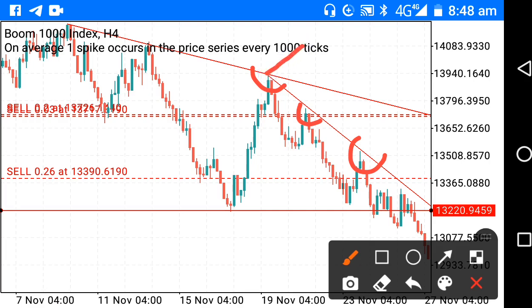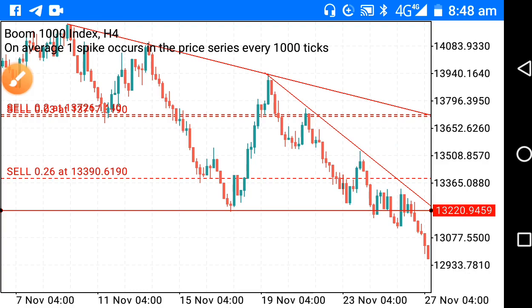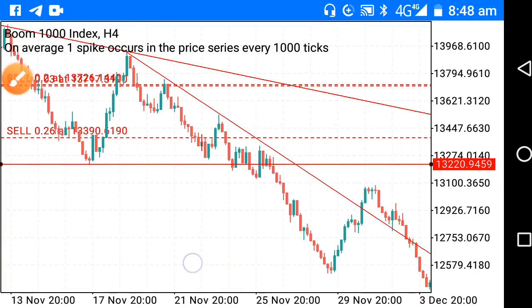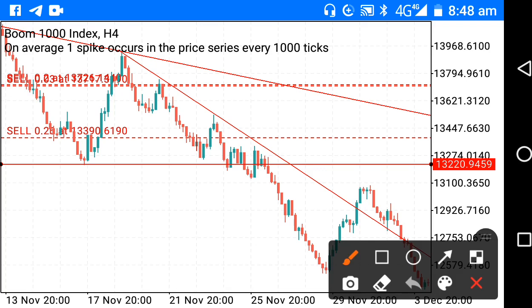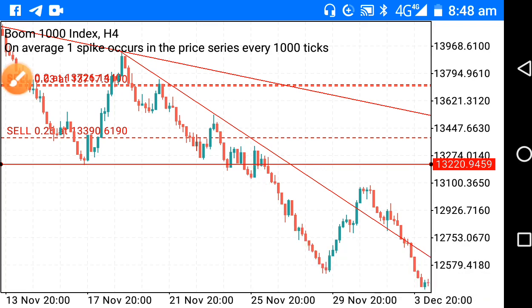After the second and third touch, another trade begins to run here. So guys, this is money. Look at how far this trade went. So guys, there is nothing like the touch strategy.